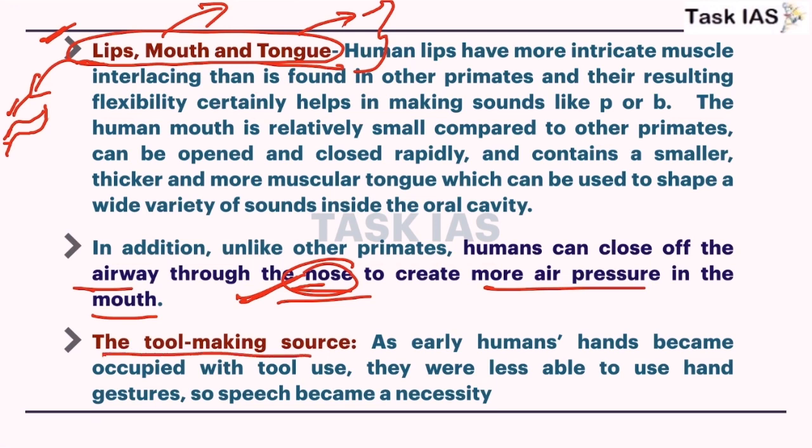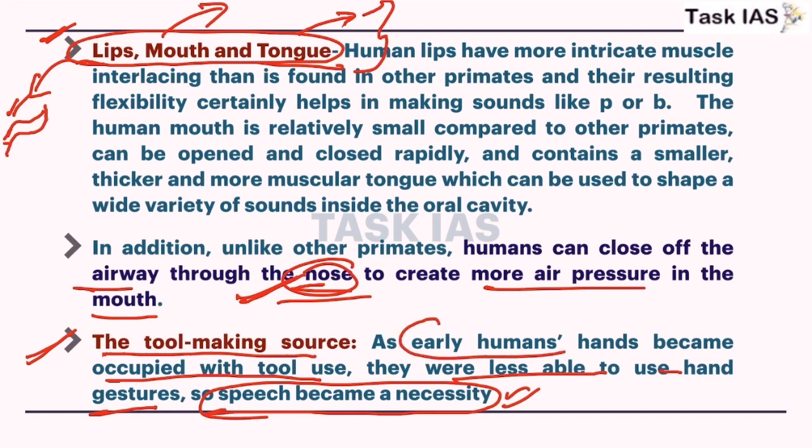Now tool making source, which we have connected with bipedal locomotion. According to it, early humans' hands became occupied with tool use, so they were less able to use hand gestures. So speech became a necessity for them. This is saying about early humans who are busy with tool making and other tasks, so they have less option to use different symbols.